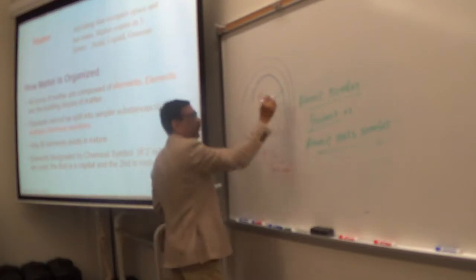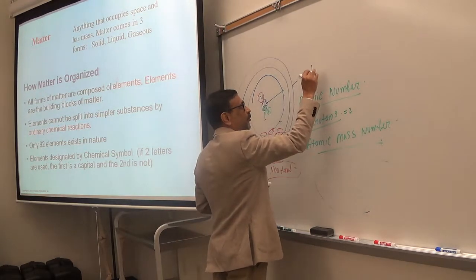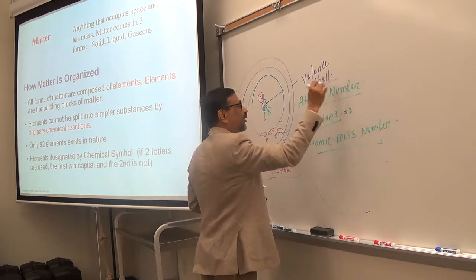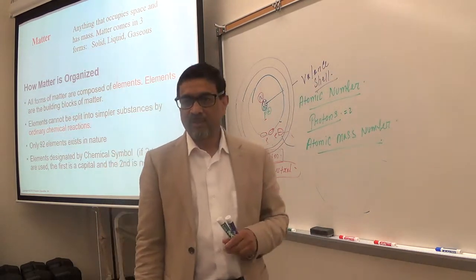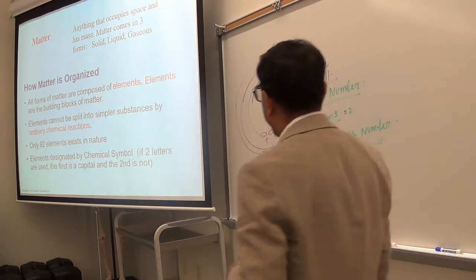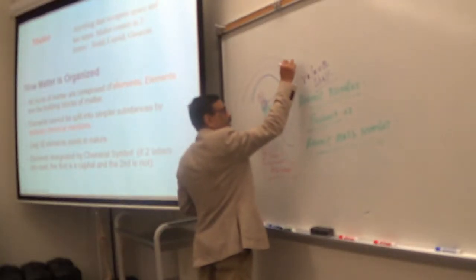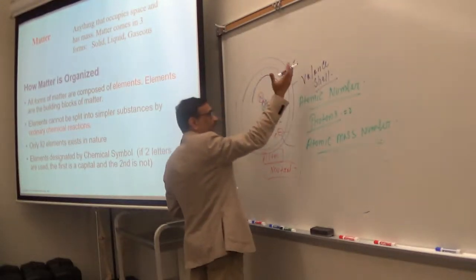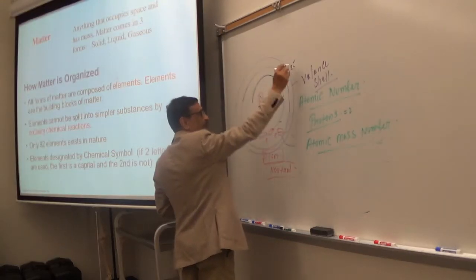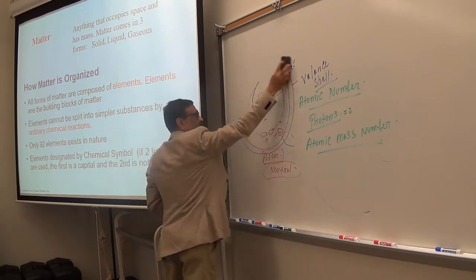And outermost shell is called the valence shell. Okay? So outermost shell is the valence shell. And the electron in the outermost shell is called valence electron. Electrons could be in all these shells. The outermost one is the valence electron. Okay, so those are few things you need to know.